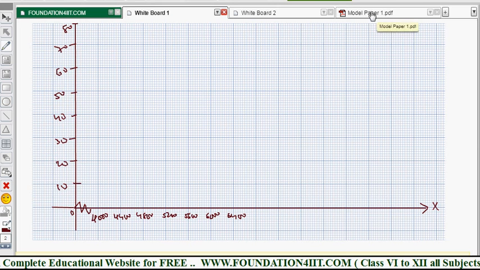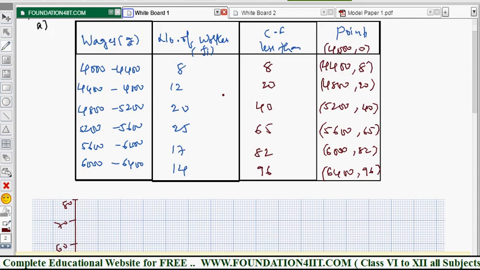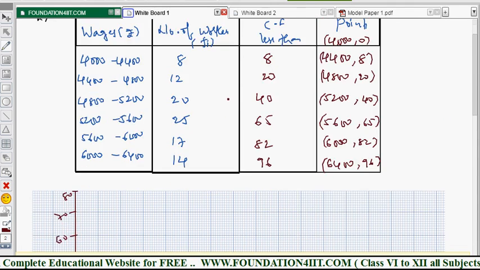Now plot these points on the same graph. The first point is 4400 comma 8.